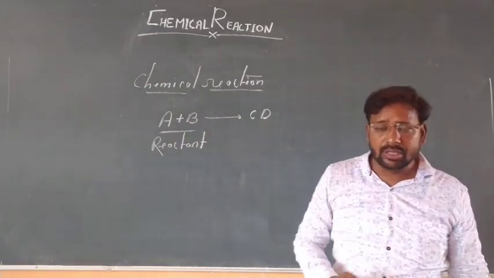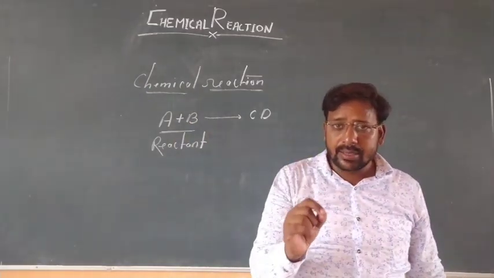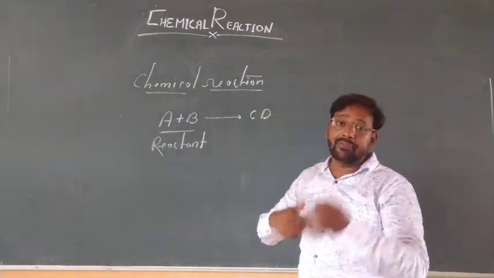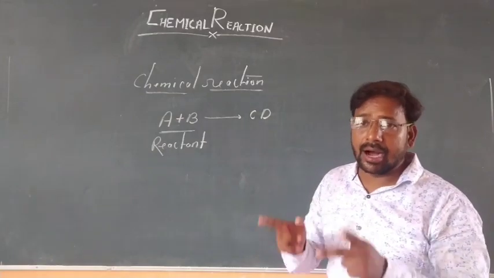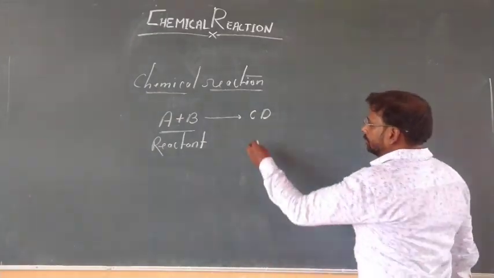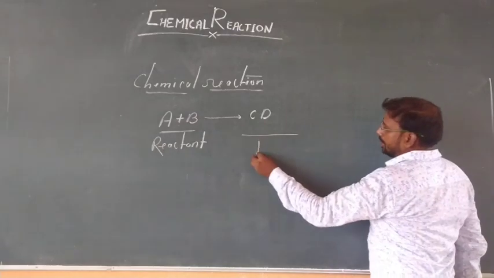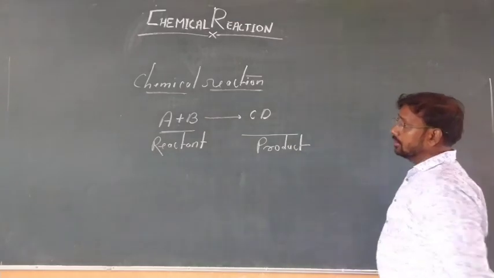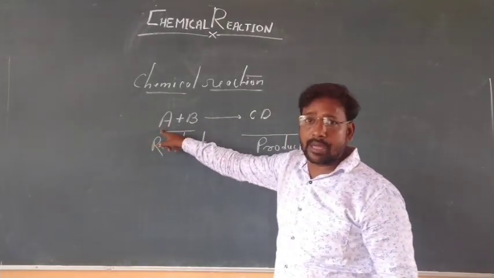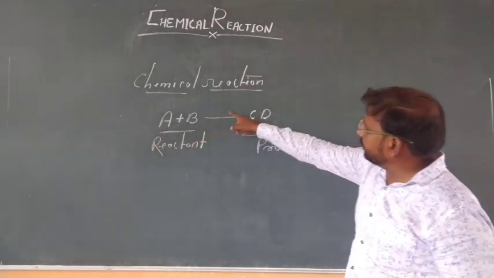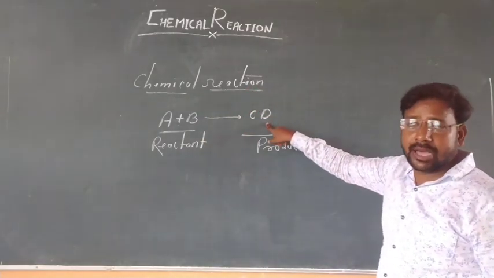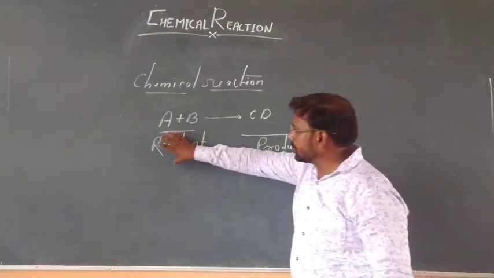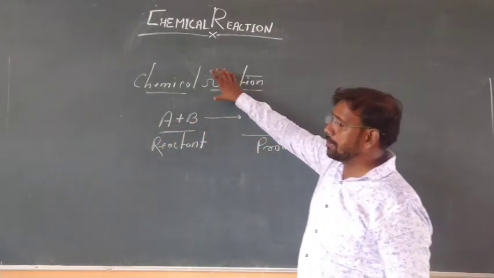You can write the definition: the substances before reaction are called reactants, and after the chemical reaction the new substances that are formed are called products. It is clear what is a reactant, what is a product, and what is a chemical reaction.